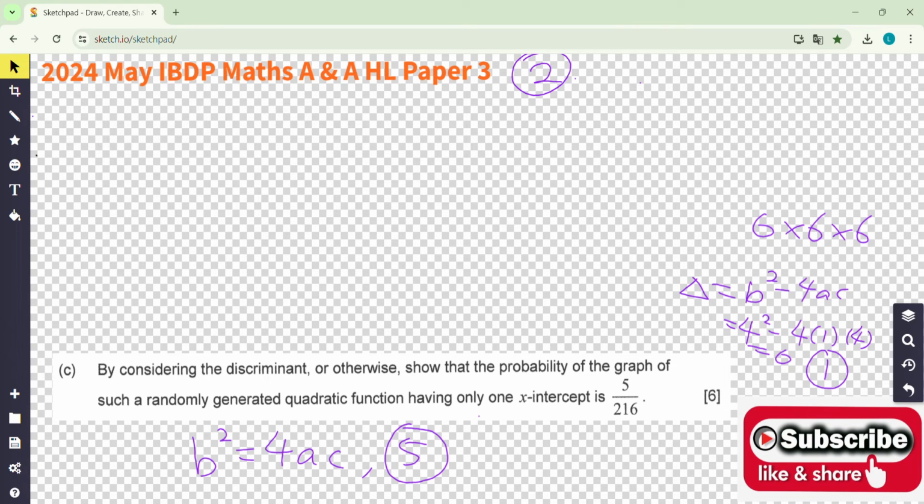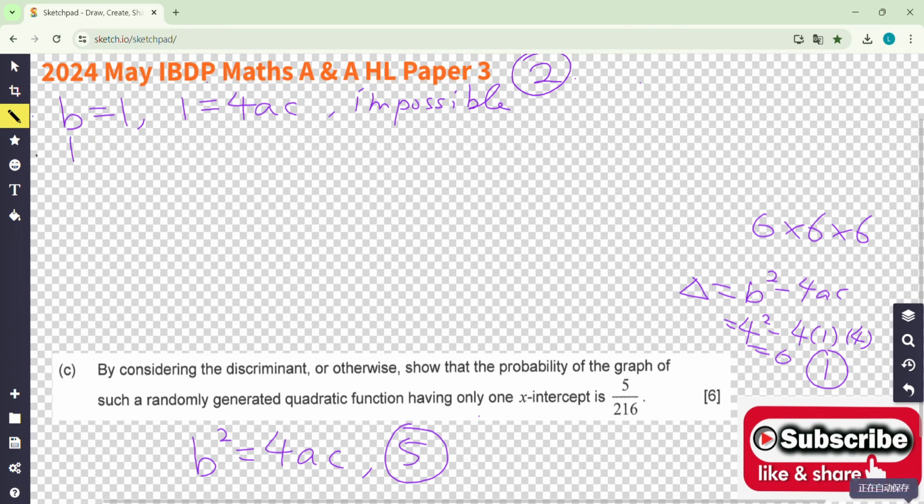Okay, so we start from b equals 1. Really write it down in your answer booklet. b equals 1, and then look here: 1 equals 4ac. Impossible, right? a and c are from 1 to 6, so impossible. So don't look at it.